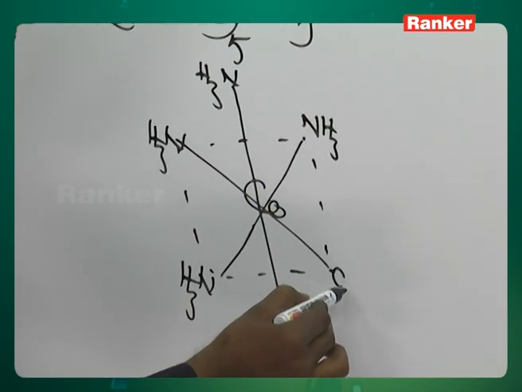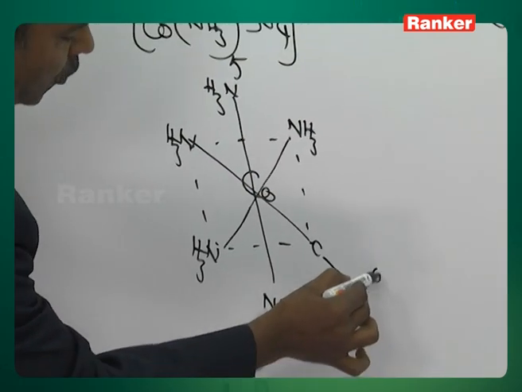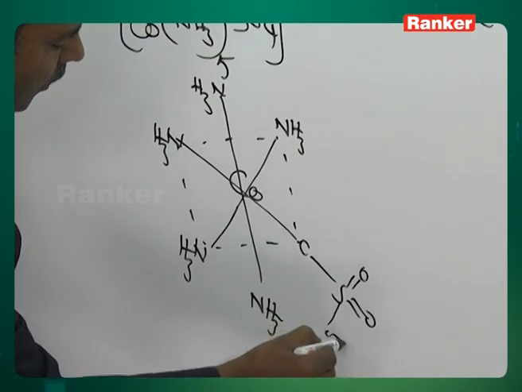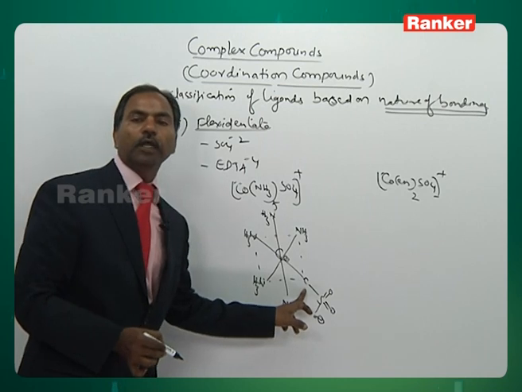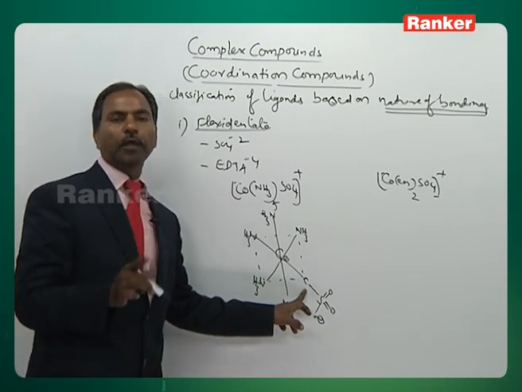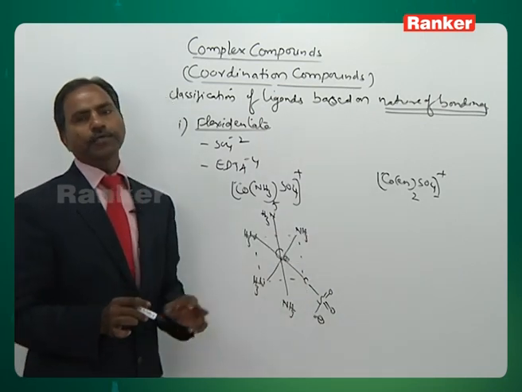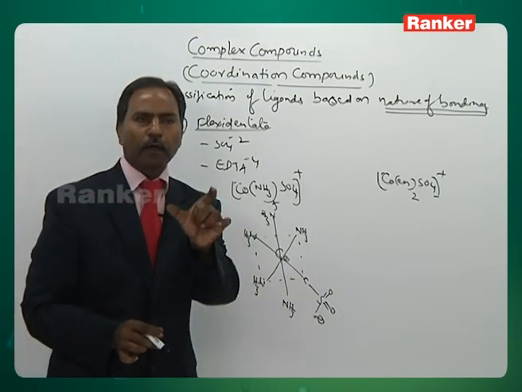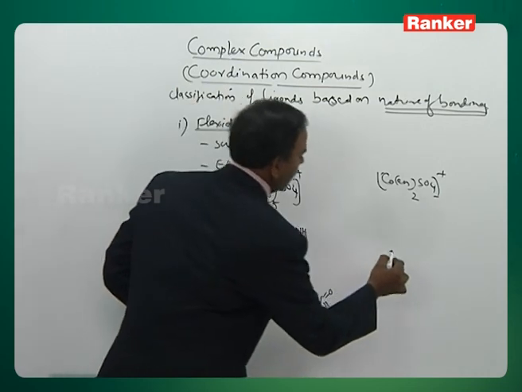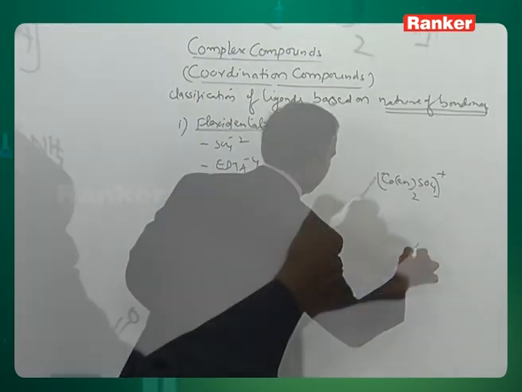And only one of the donor atoms, only one site, is occupied by the sulfato ligand. See, sulfato even though bidentate can involve only 1 donor atom, acting as monodentate. In the next complex I am showing you, the same sulfato ligand is acting as bidentate. Look at how I am writing the structure of this particular complex.